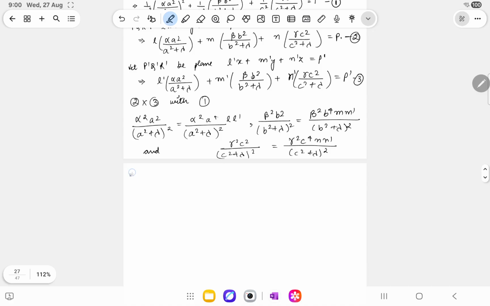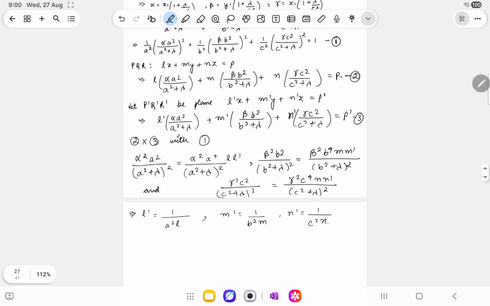So from here I'll get my l dash as 1 upon a square l, likewise my m dash as 1 upon b square m, and n dash as 1 upon c square n.